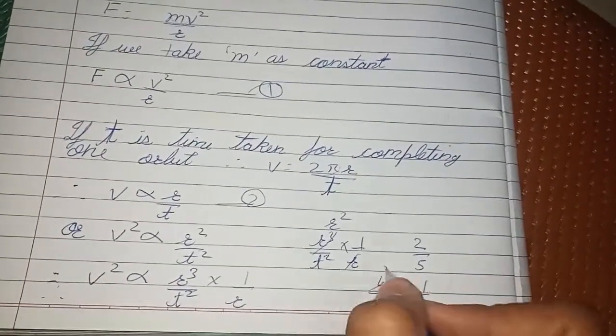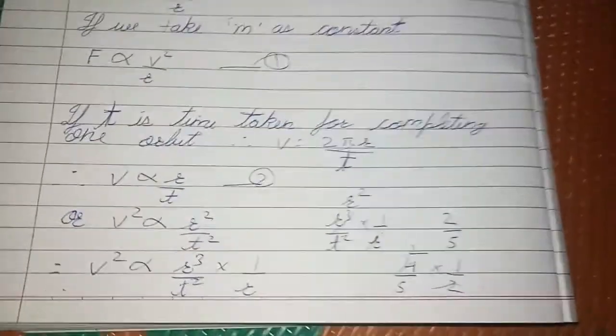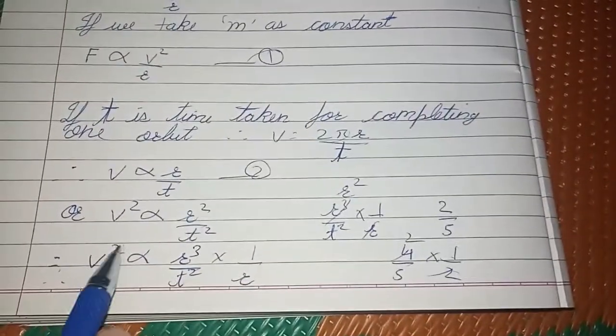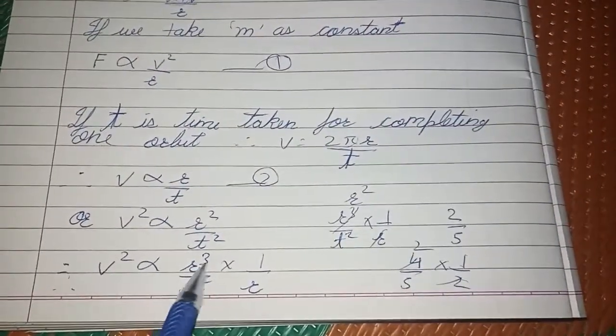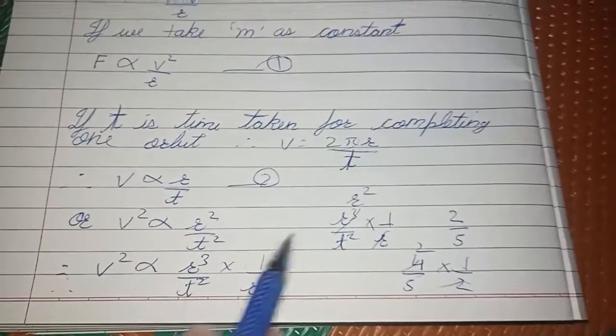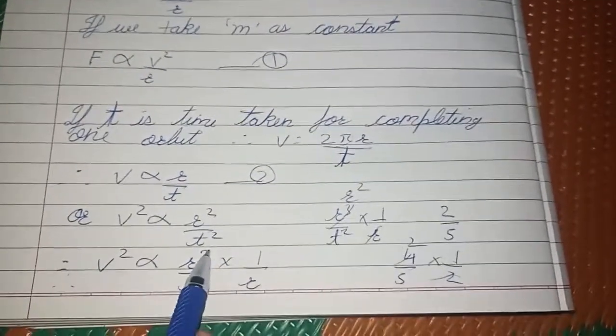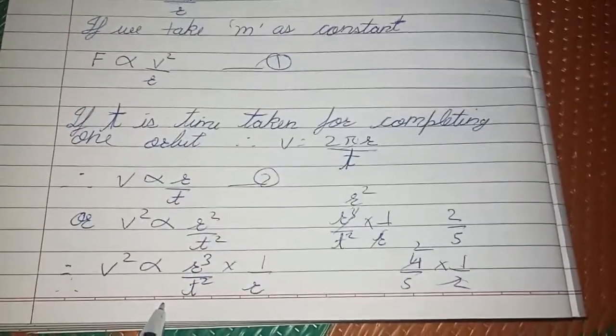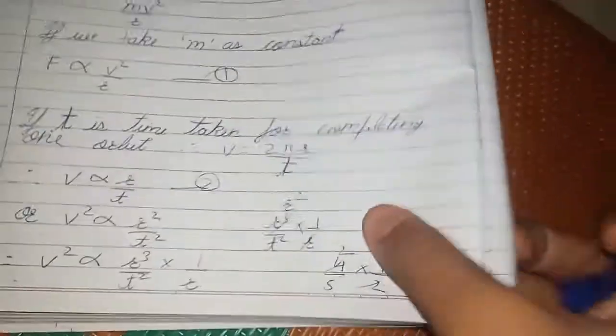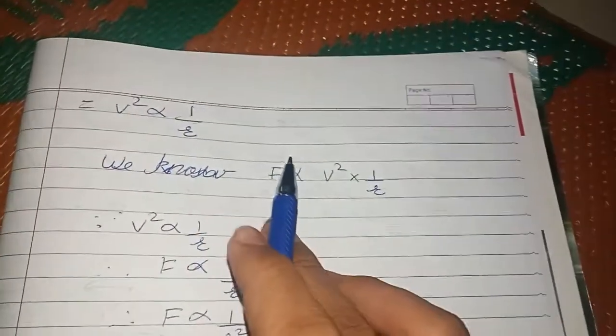Here 2 and 2 will get cancelled. So v square is directly proportional to r cube by T square into 1 by r. But we know that r cube by T square is a constant, so we take it aside. So we will get that v square is directly proportional to 1 by r.